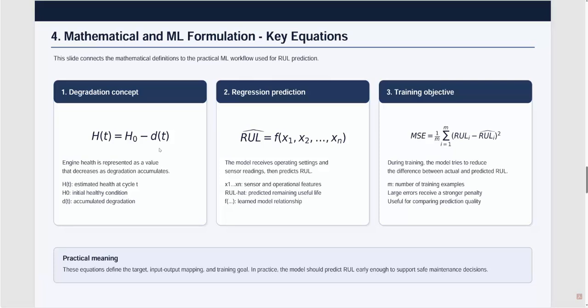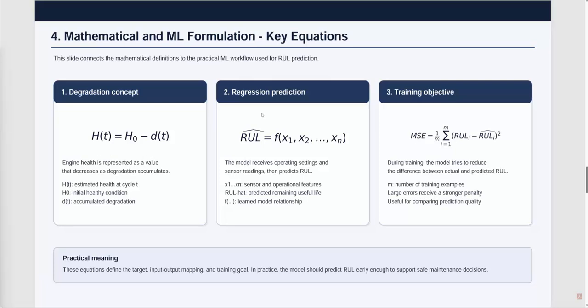In practice, the true health value is not directly observed. Instead, the model estimates the degradation patterns from the sensor readings, such as temperature, pressure, vibration speed, and fuel flow.